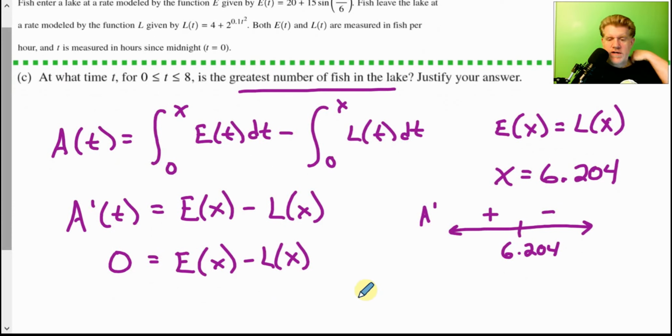So I know that the greatest number of fish occurred at 6.204. That time equals 6.204.